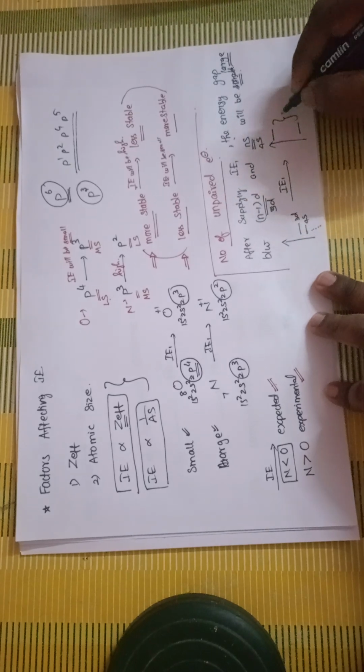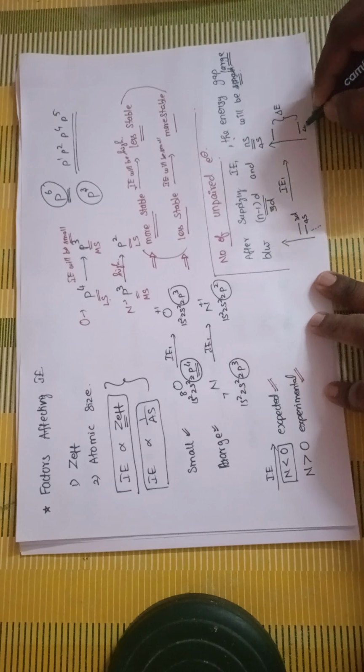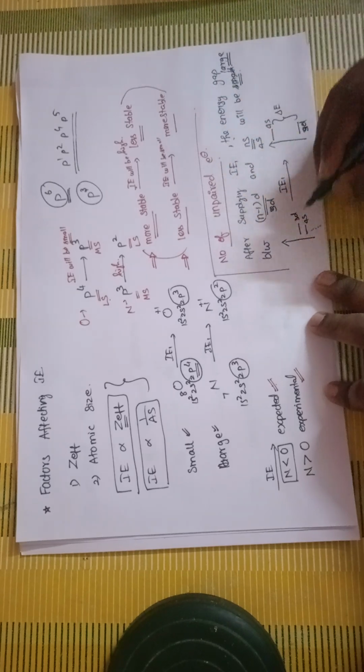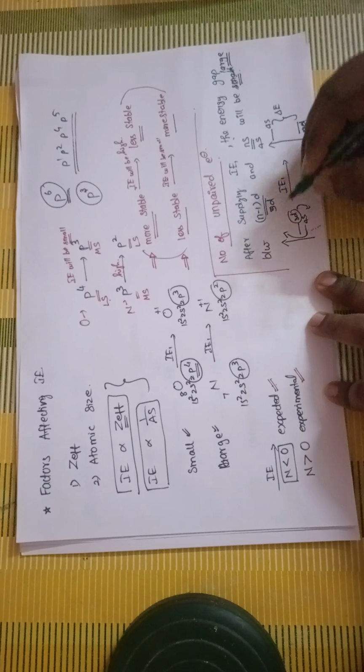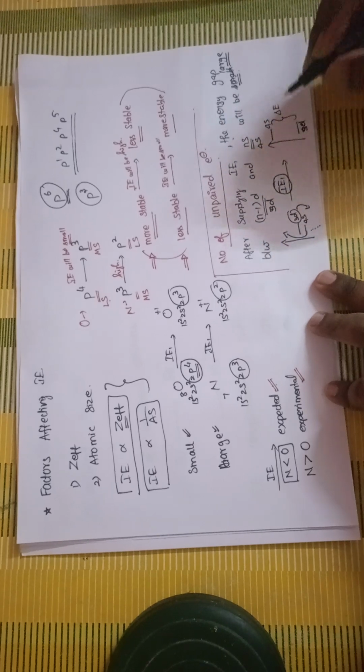The energy gap between the orbitals will increase between 3d and 4s. 3d will come to lower energy, 4s will go to higher energy. This transformation will happen after supplying IE1.